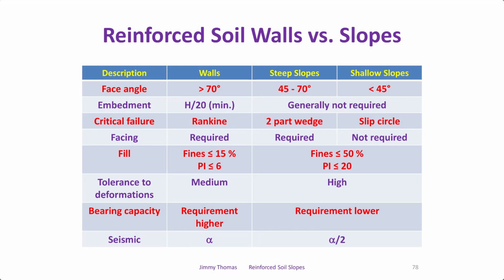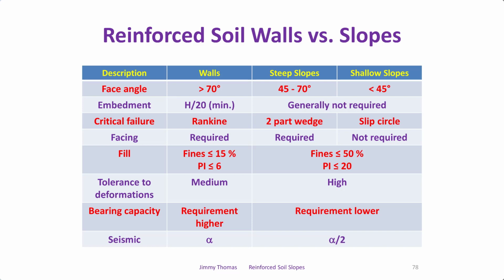Then this is a comparison between walls, steep slopes and shallow slopes. The major difference is that walls are greater than 70 degrees. Here embedment is required, whereas in the case of slopes, it can start from the ground level itself. But then again, we'll have to look at each problem.